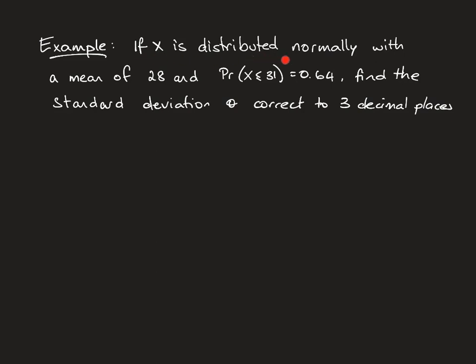If x is distributed normally with a mean of 28, and the probability that x is less than 31 is 0.64. This is common, you'll get a probability. Then it says, find the standard deviation, sigma, correct to 3 decimal places.